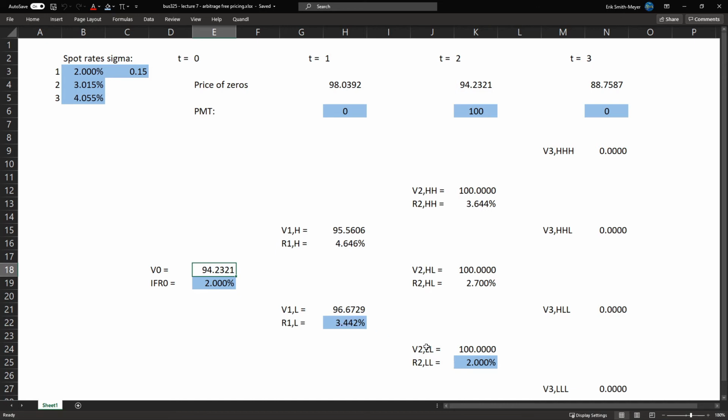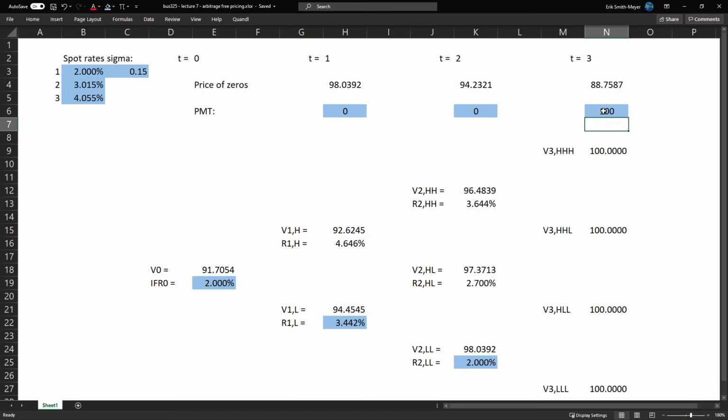So now we move on to the second step of our tree, which means that we need to use a 3-year zero coupon bond. We have the price of a 3-year zero coupon bond here, 88.75, and we would like our price here to be equal to the market price.